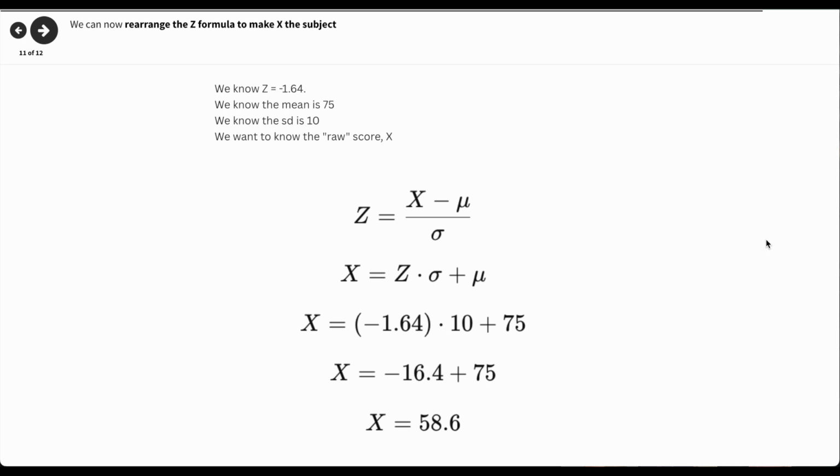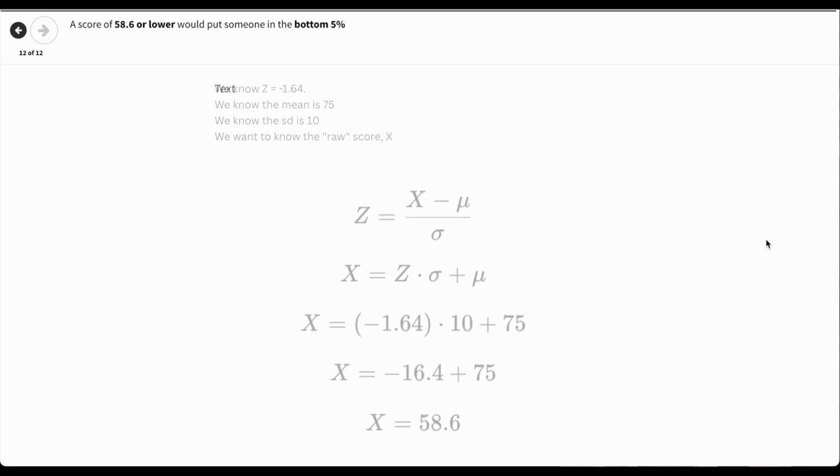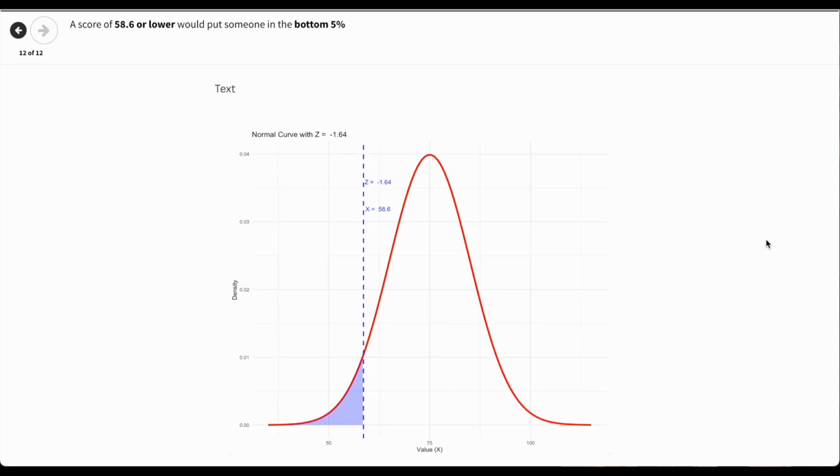So we know z is negative 1.64. We know the mean is 75. We know the standard deviation is 10. We can just take that formula, rearrange it, solve for x, and we get 58.6. So a score of 58.6 or lower would put someone in the bottom 5%. And that is z-scores going forwards, going backwards, and also getting the probabilities as well.